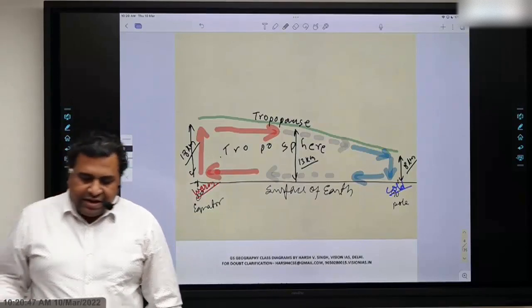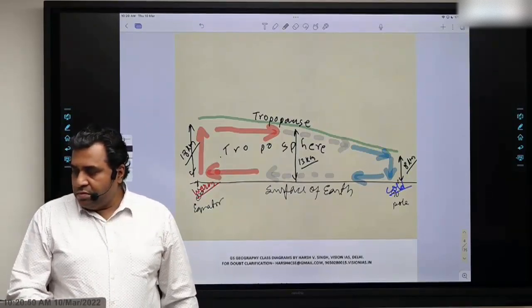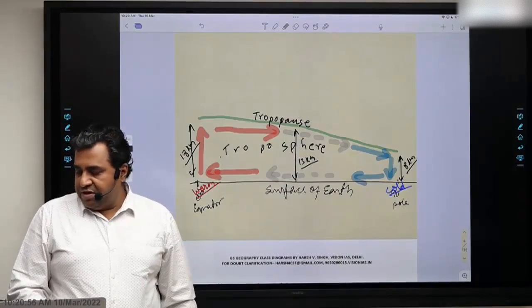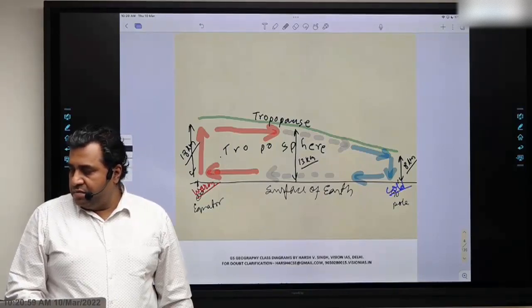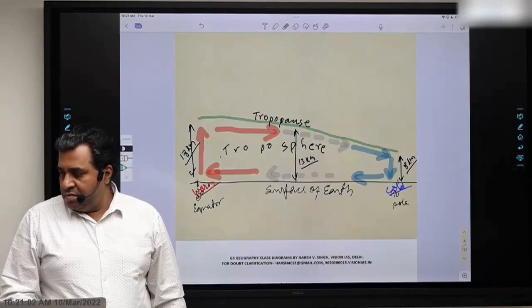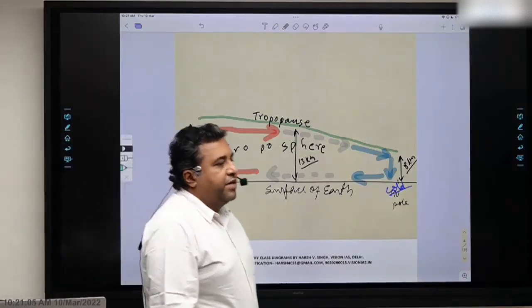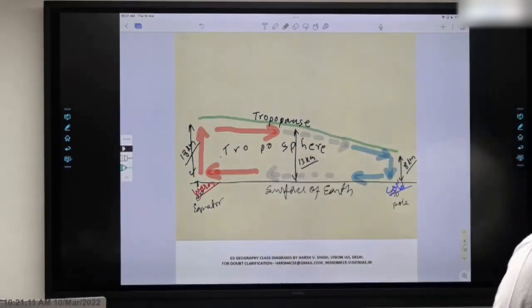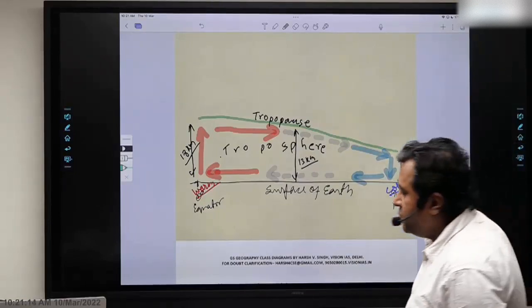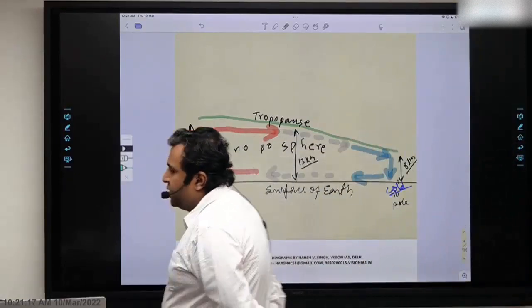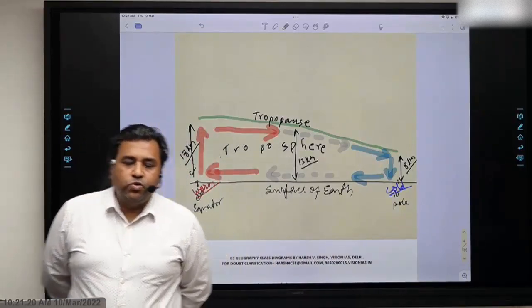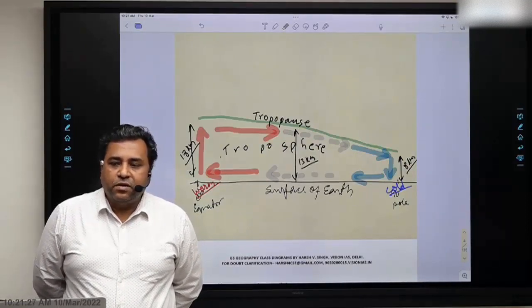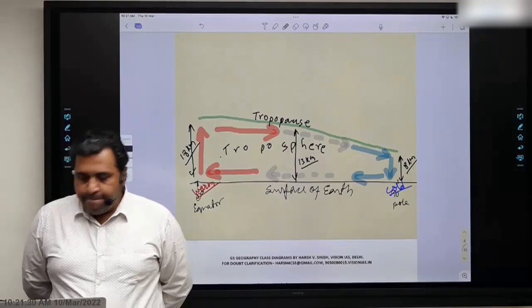And then it reaches a height where it stops to further rise, and rather tends to spread horizontally.